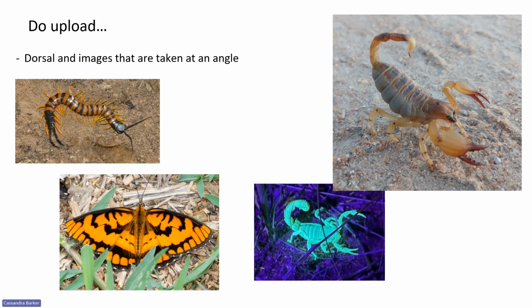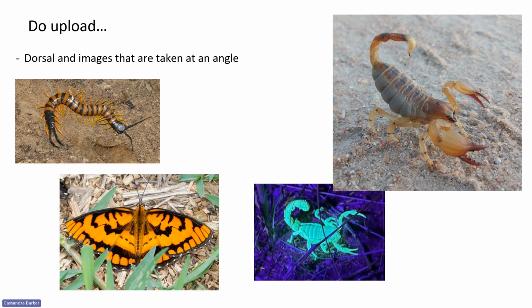I have been asked that if you are interested in finding scorpions at night, to please make use of a UV light. This is a scorpion under UV. They come up beautifully. It can be a bit eerie the first time you do it because they just stand out against the darkness.